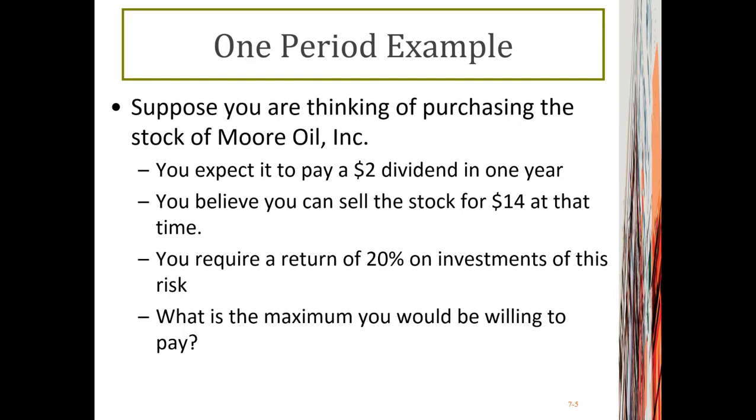So you're going to hold the stock for 1 year, and you know that during the coming year you will receive a $2 dividend and $14 of stock price at the end. And the required rate of return for investment is 20%. So based on the information here, let's take a look at how you can calculate a fair stock price.